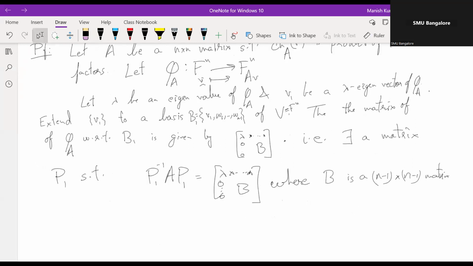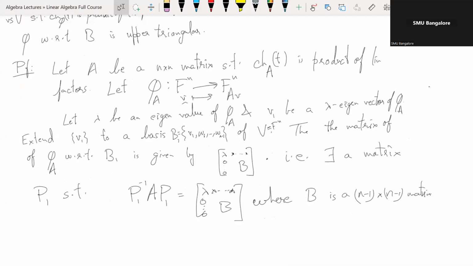Now we'll use induction on n. B is an (n minus 1) by (n minus 1) matrix. What can we say about the characteristic polynomial of B? To use induction, we'll have to show that this smaller matrix also has this property.